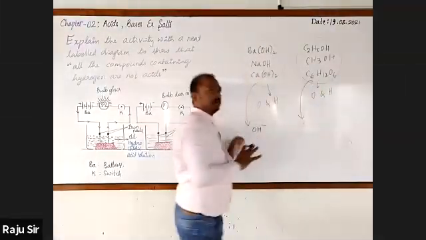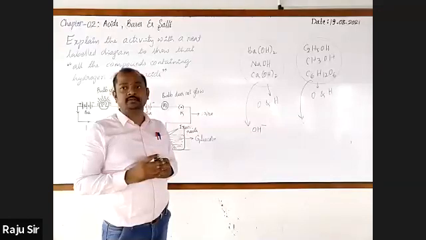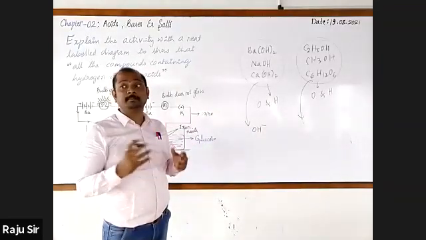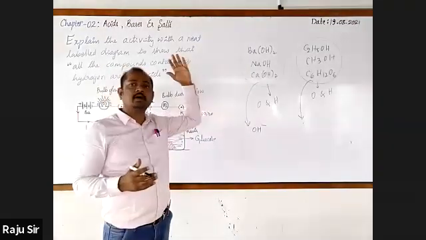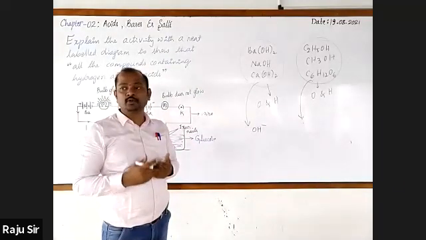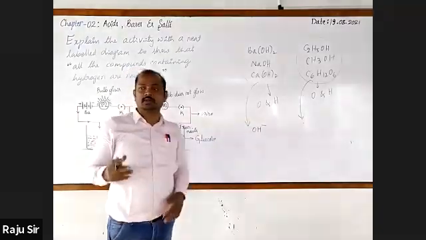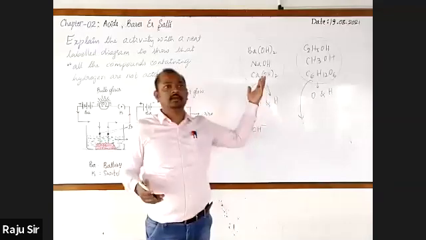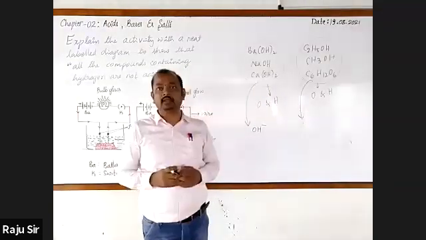So that is why we can say that all the compounds containing oxygen and hydrogen are not bases. The common observation in all the bases is they produce hydroxide ion on dissolving in water. Like in acid, hydrogen ion is produced, in base hydroxide ion is produced on dissolving in water.